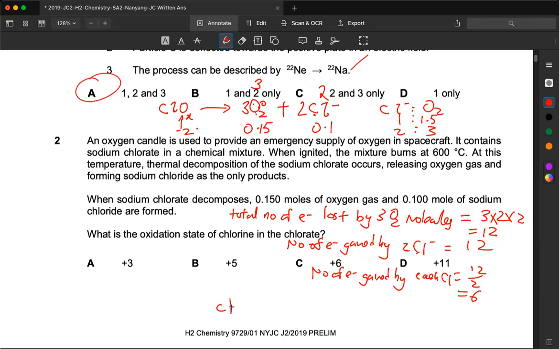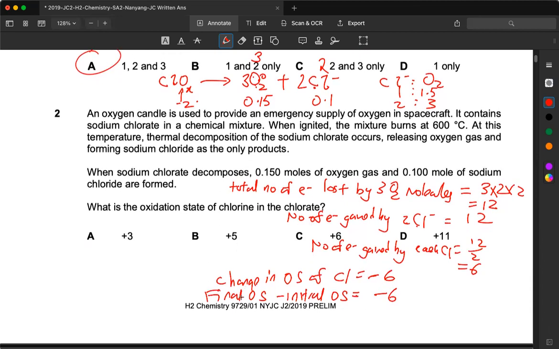The change in oxidation state of chloride is 6. So final oxidation state minus initial is -6, because the final is more negative than the initial.